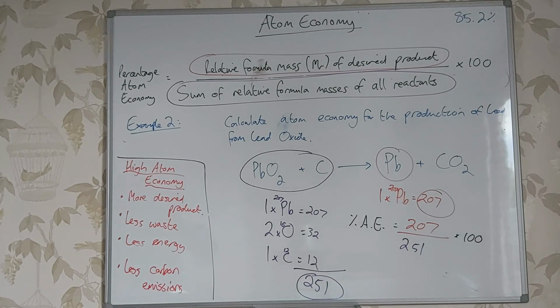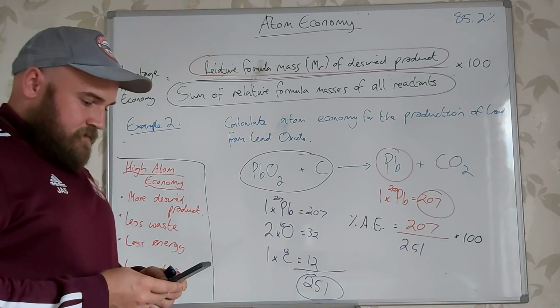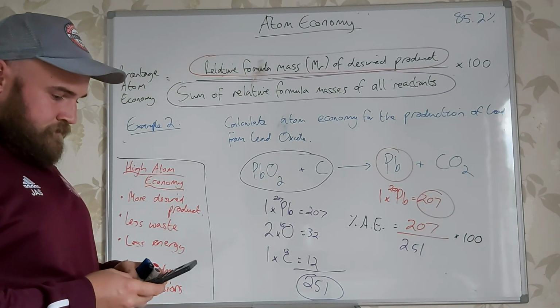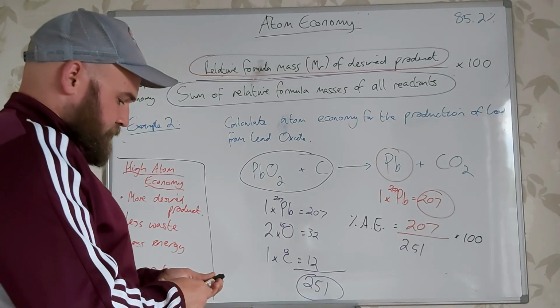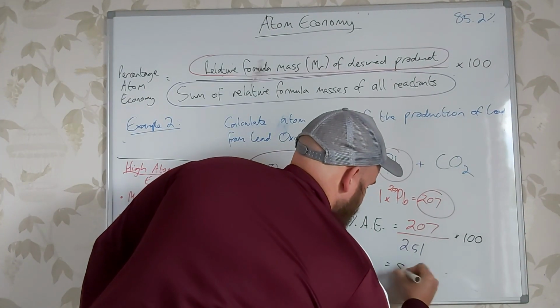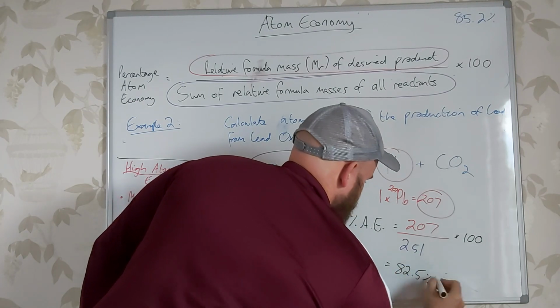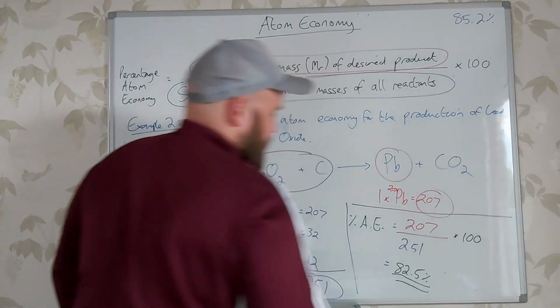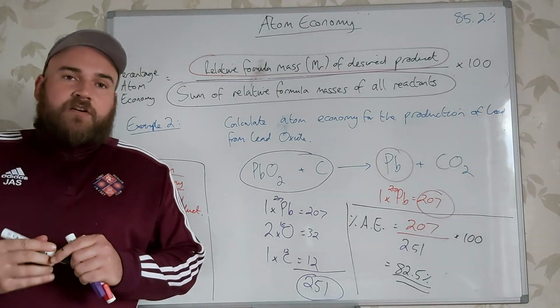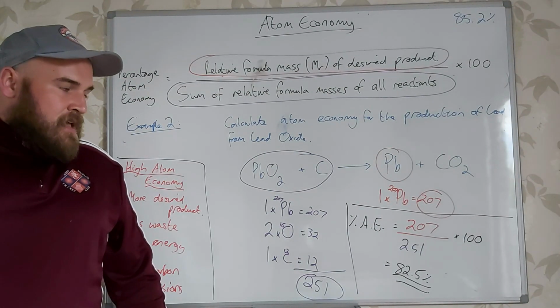There it is. So 207 divided by 251, 82.5%. Okay, so 82.5% was the correct answer there.